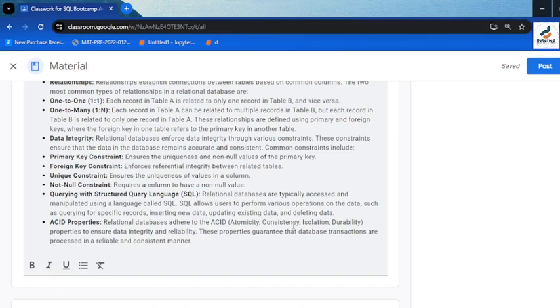So as long as there's consistency in your transactions, guys, your data would not create unintended consequences. That's basically what this means.